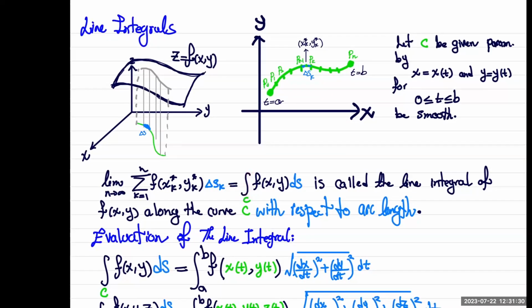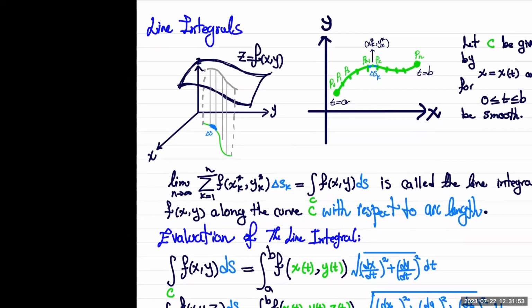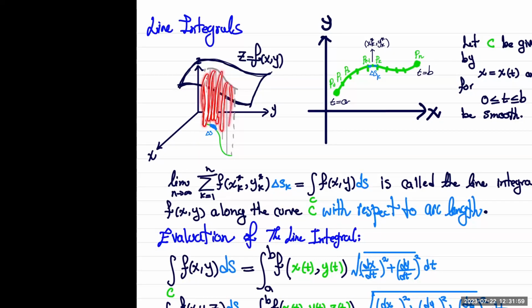This is, guys, a single integral, right? It's not a double integral or a triple integral of the function of x, y, and the integral is with respect to s. It is with respect to arc length. So again, we have a single integral because we are simply adding up these areas, okay?